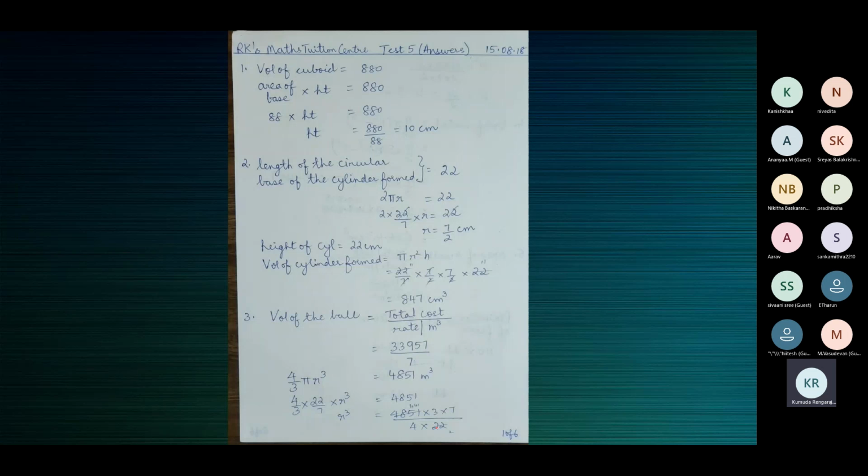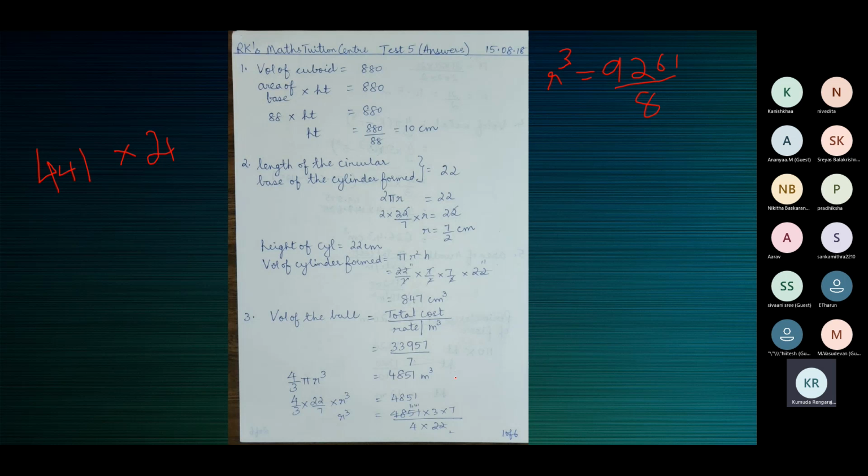You know that you have to simplify. After simplifying, if you multiply 441 by 21, you will get 9261. So you will have r cubed is equal to 9261 by 8.